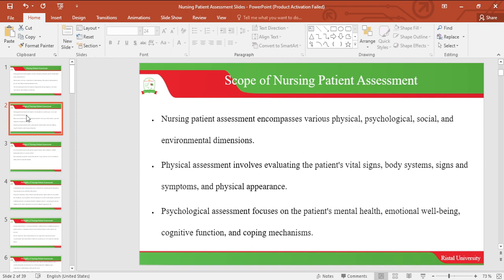Physical assessment involves evaluating the patient's vital signs, that is temperature, pulse, respiration and blood pressure, body systems, signs and symptoms, and physical appearance. Psychological assessment focuses mostly on the patient's mental health, emotional well-being, cognitive function, and coping mechanisms.